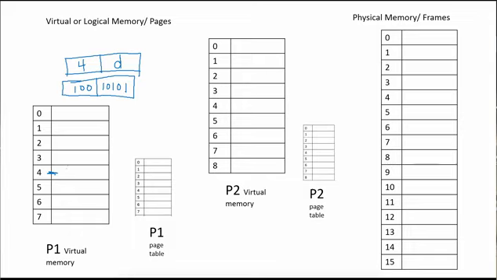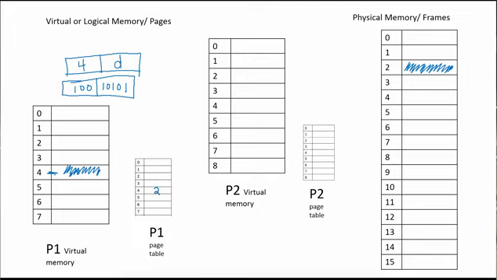Okay, so we take this page 4, I'm just going to keep it blue to make it easier, and we find a free frame on the free frame list. We find a free frame right here, and we can put it into frame number 2. So page 4 is now in frame number 2. Then an entry goes into our page table that says that page number 4 is now in frame 2.